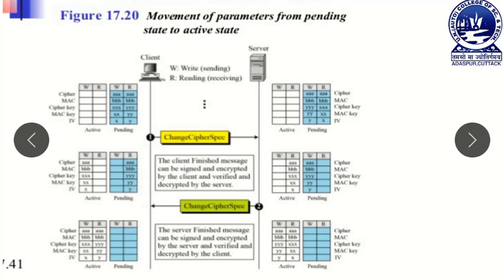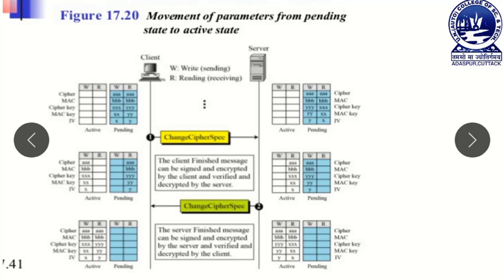But when the client receives this message, these read inbound parameters are moved to the active state of the read inbound. Now the client can verify and decrypt the message. That means after the exchange of the finished message by the server, both parties can communicate in both directions.